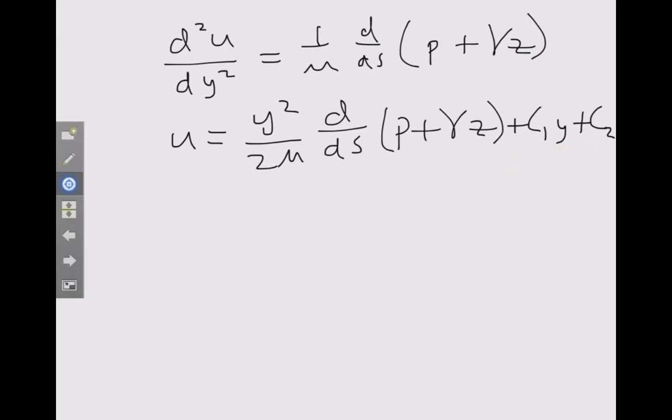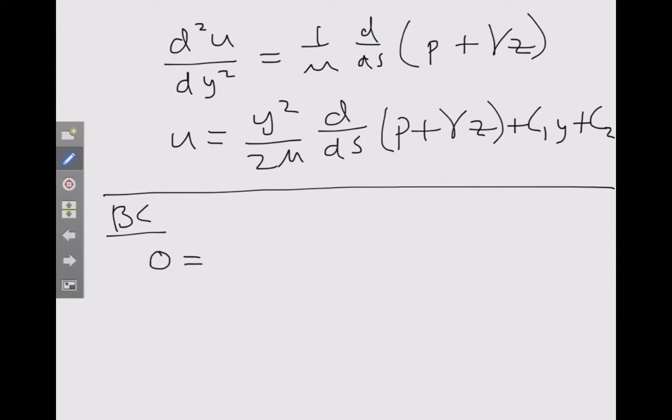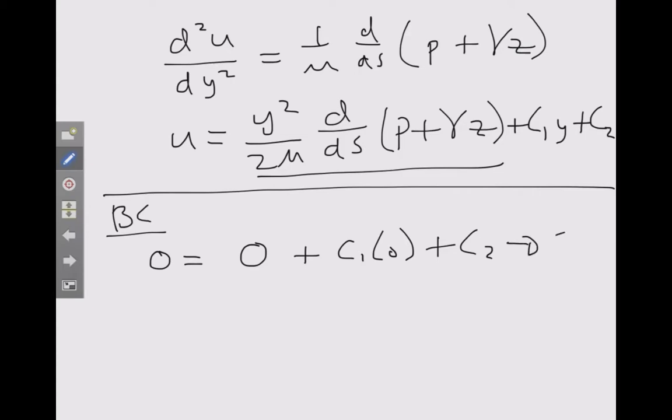So let's go ahead and apply the boundary conditions. U equals 0 at y equals 0. So this big long term here is going to be 0, and C1 is going to be 0. And again, we get the fact that C2 equals 0 from the first boundary condition.